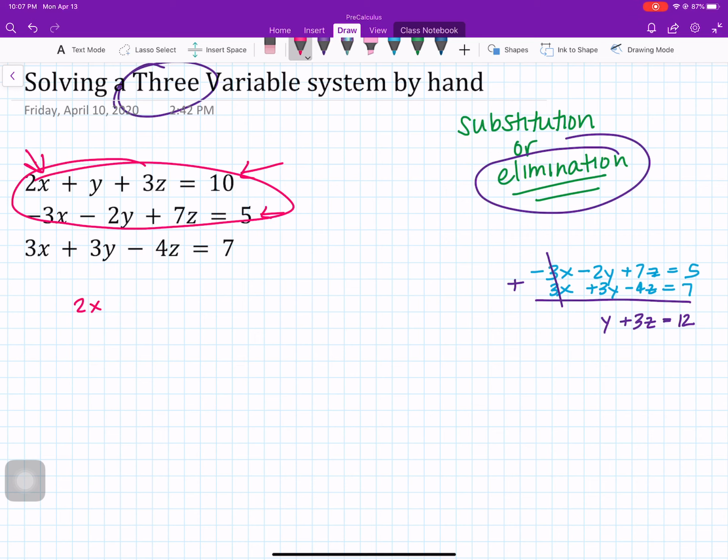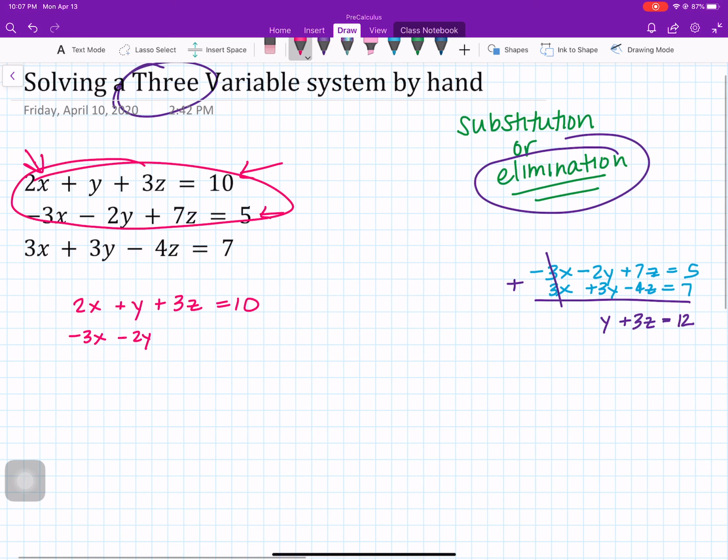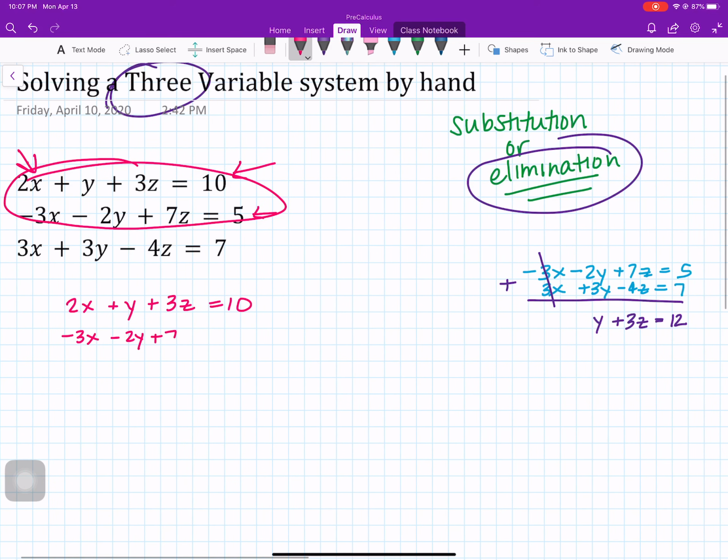So I will write them down here, just so we have it as a reference. Again, when we're doing this, you want to go back to the original equation. You don't want to try to manipulate this equation over here that I have in purple just yet.